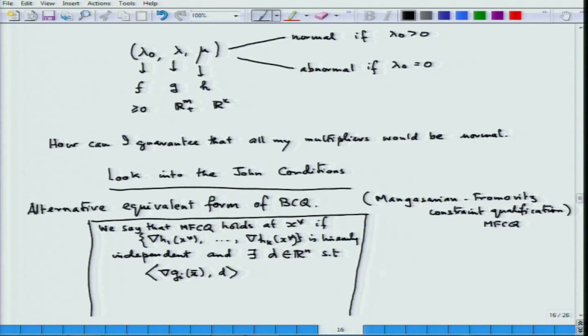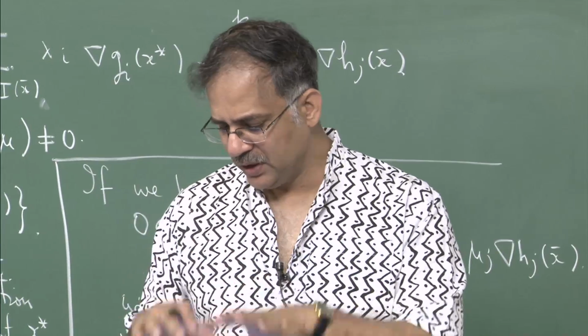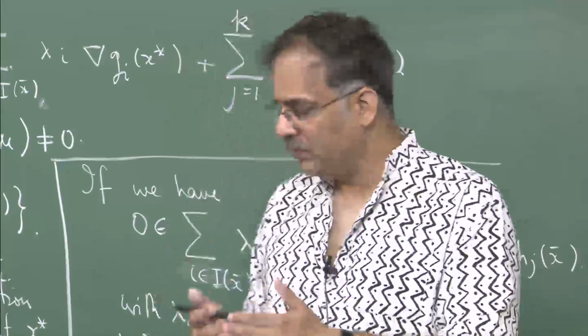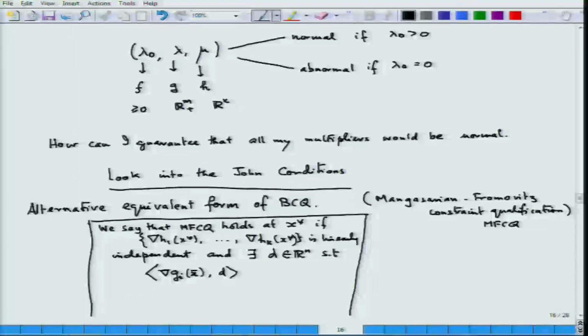So, we would just show the theorem of the alternative that is used to come from BCQ to MFCQ. So, I(x star) is the same as the one given on the board, sorry, not x bar, it is x star.